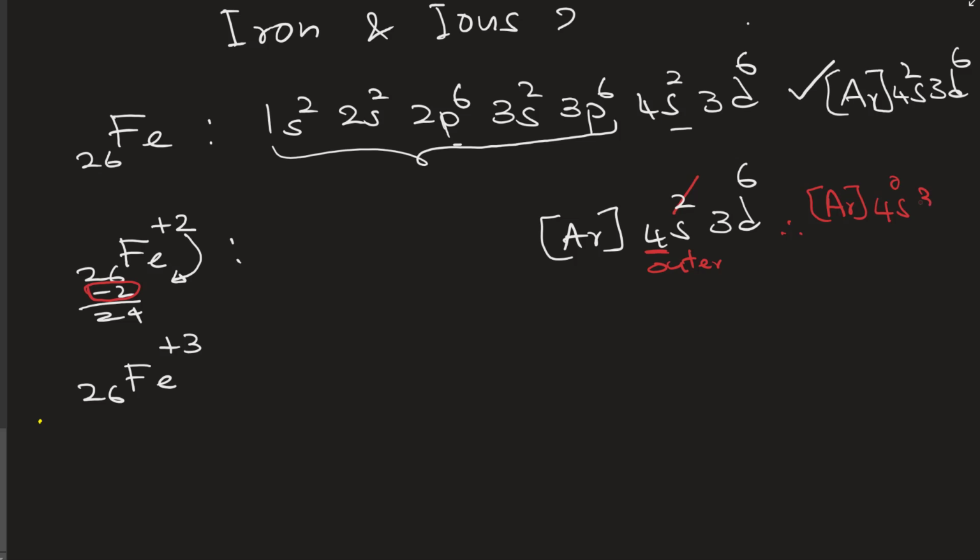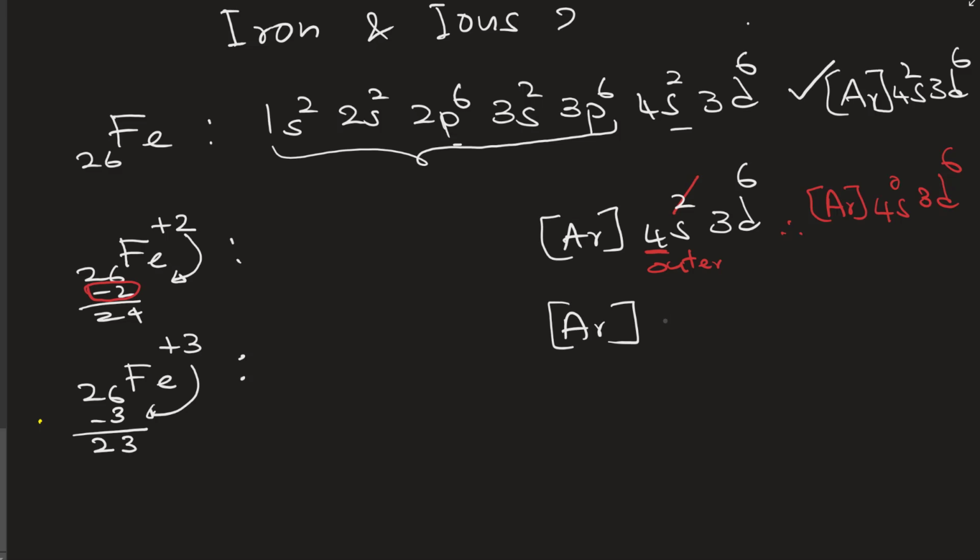Now let's compare this one with Fe3 plus. So Fe3 plus, 26 electrons originally, 3 plus removes 3 electrons, you end up with 23 electrons, right? So let's put it into the shorter version because you know how to write the complete extended version. So argon 4s0 and 3d5.